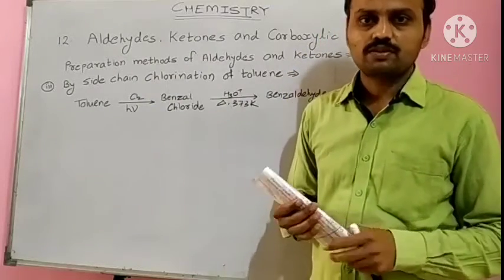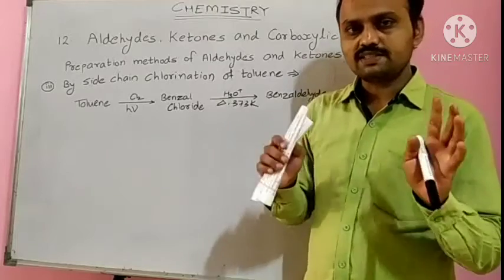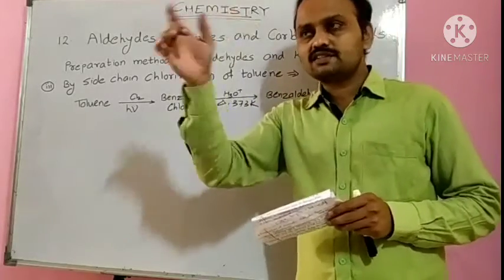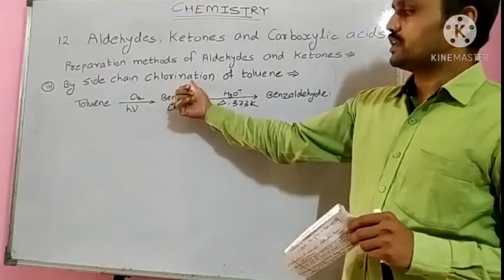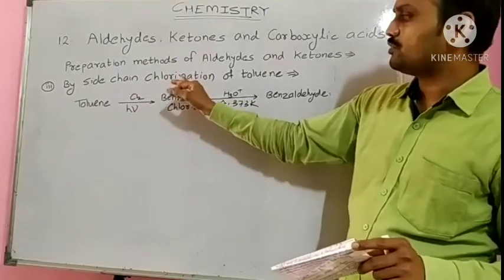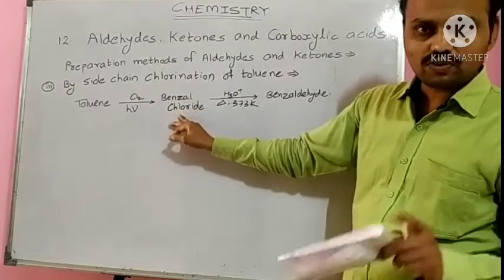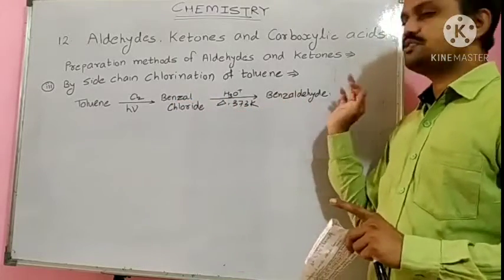The benzene ring will remain as it is, and the side chain CH3 will undergo chlorination, and we get an intermediate, and then a further step will give us aldehyde.